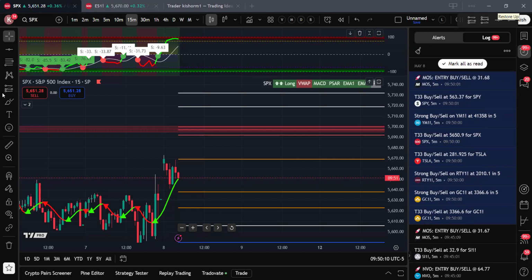And you can collect around $85. SPX 5695, 5700 bear call.